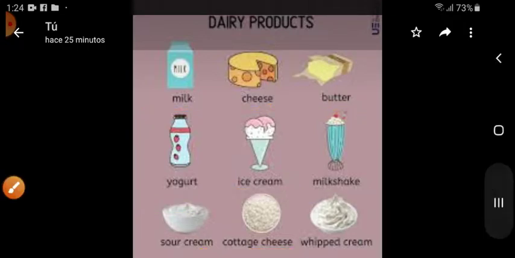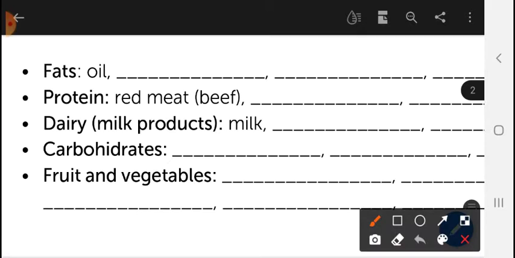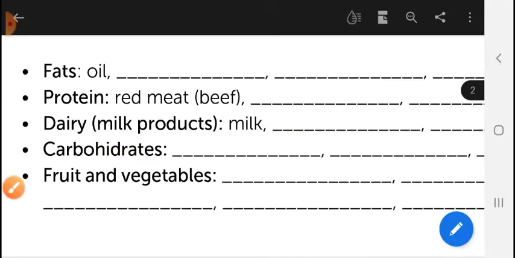So those are examples of dairy products. Those are products that come from milk. You get milk, cheese, cream, yogurt, and so on.